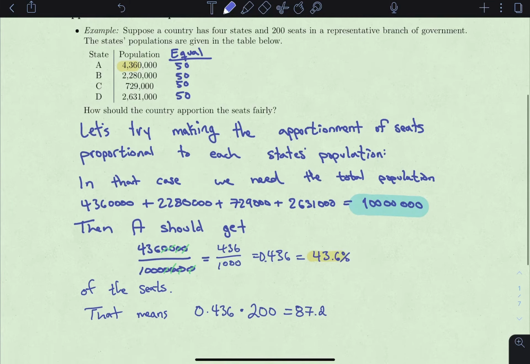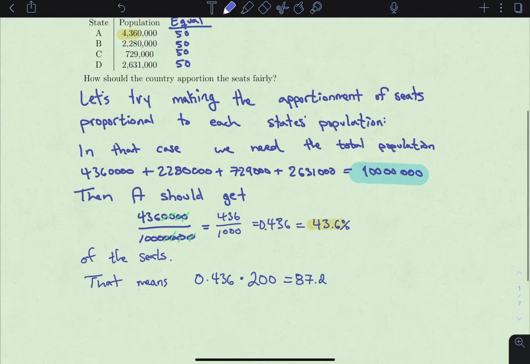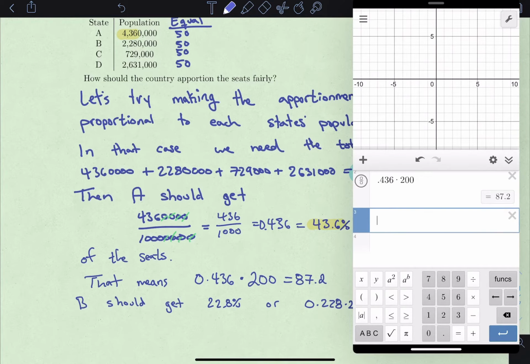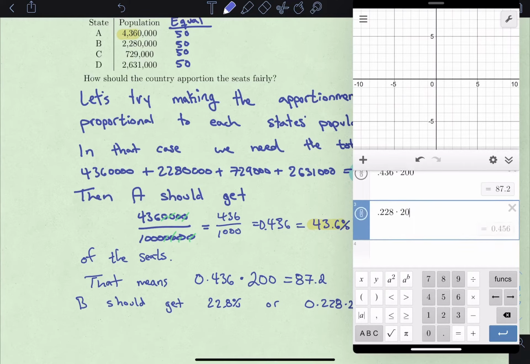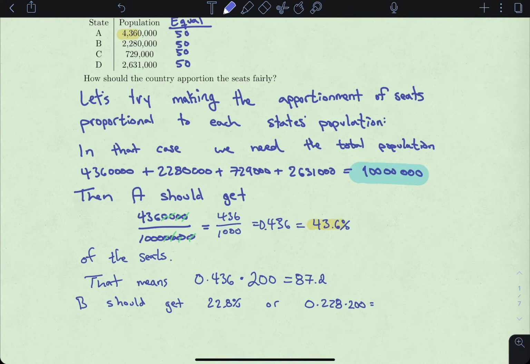So we can use that line of thinking to say B should get 22.8%, or 0.228 times 200, which is 45.6.